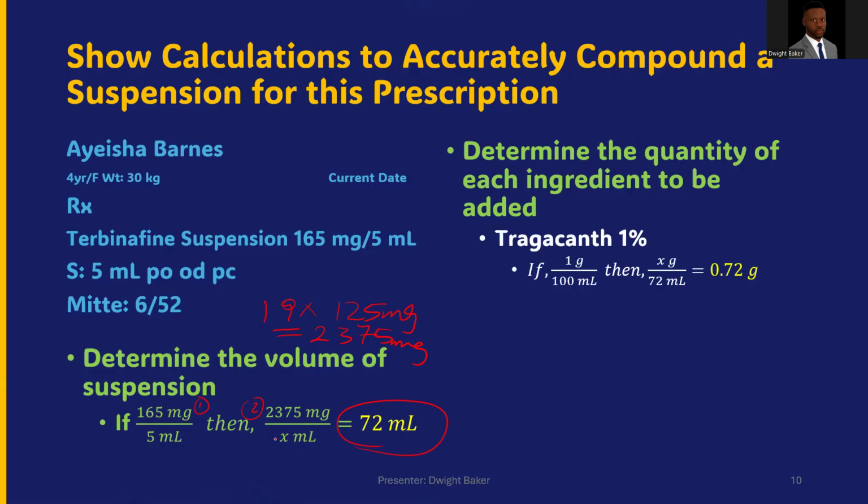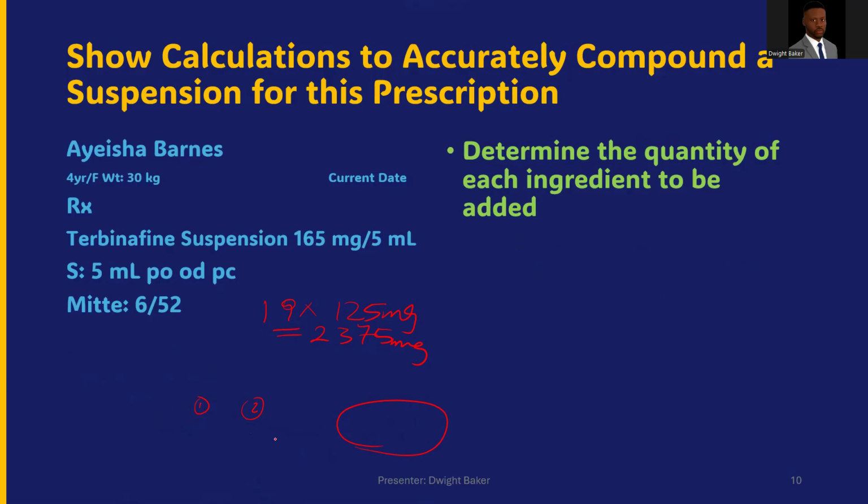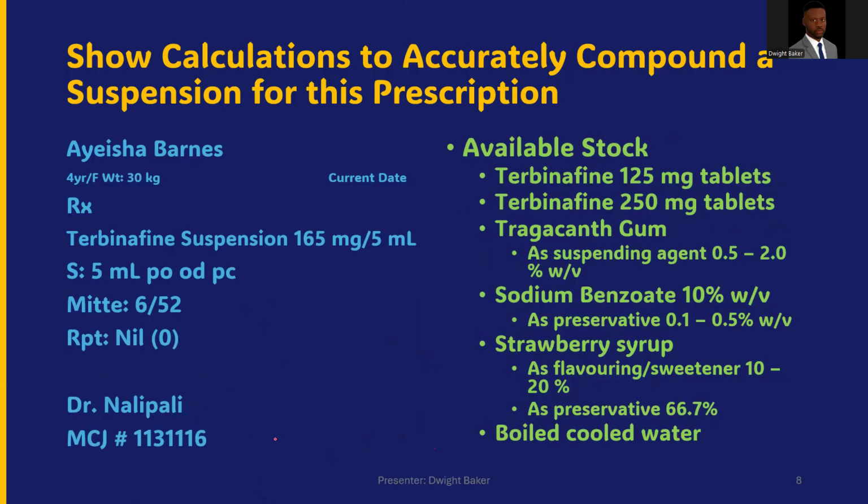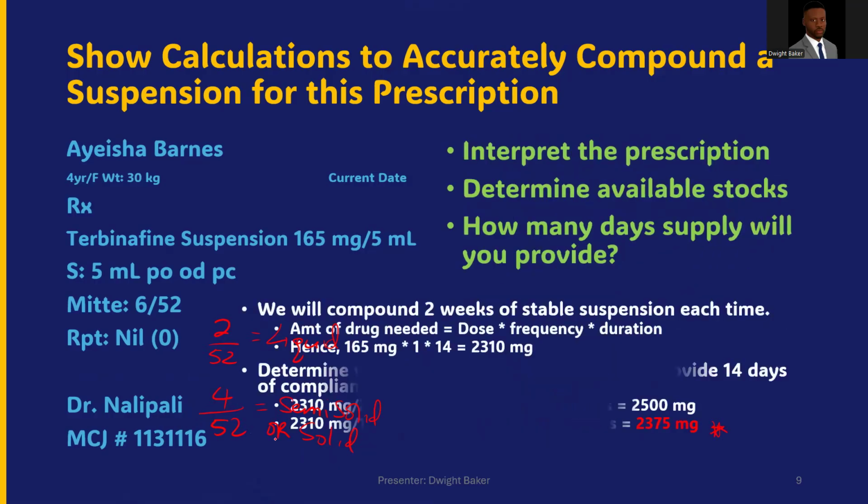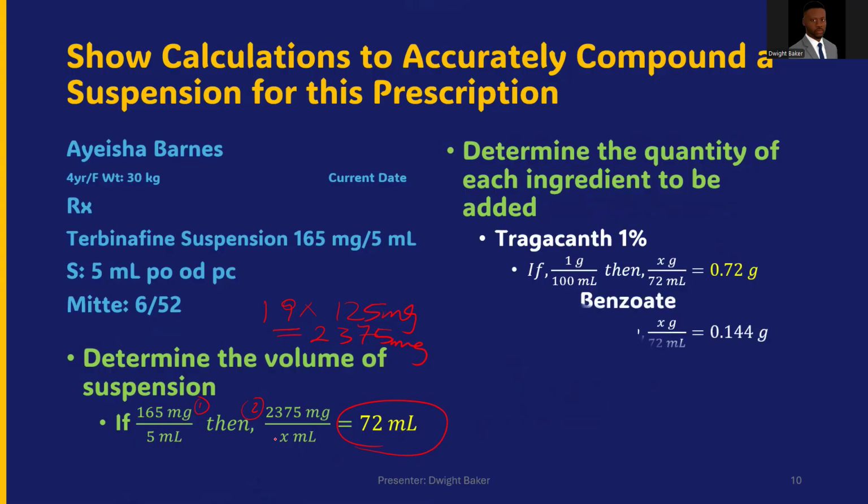I now need to determine the quantity of the other ingredients that I'm going to be using. So for the tragacanth, it tells us here in the question that as a suspending agent, I can use 0.5 to 2% as a suspending agent. And so here, once you work that out for the tragacanth, I decide to use 1%, all right?